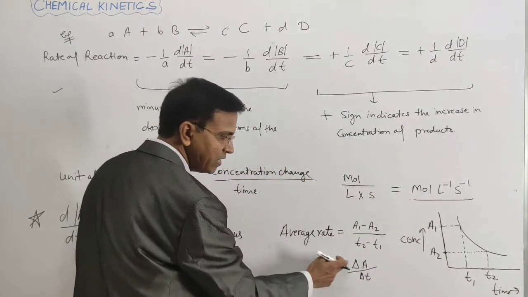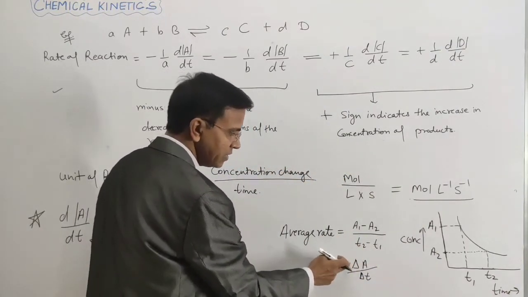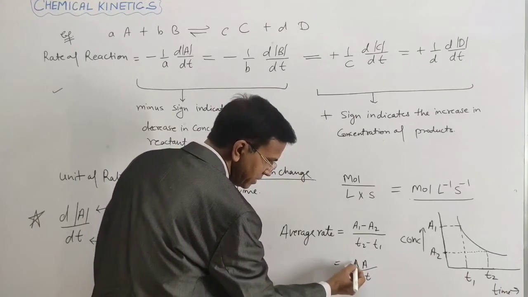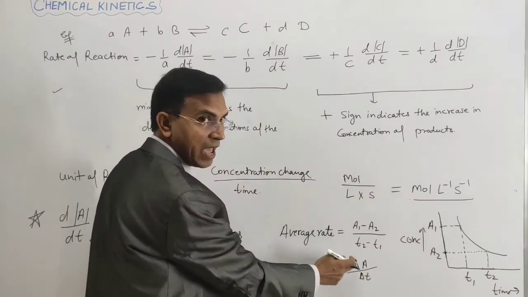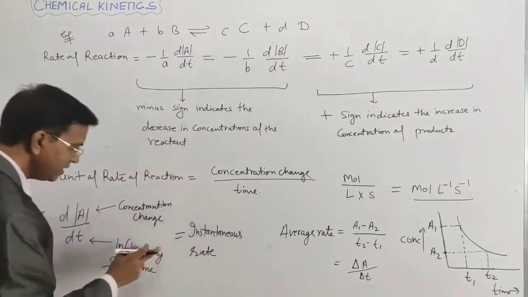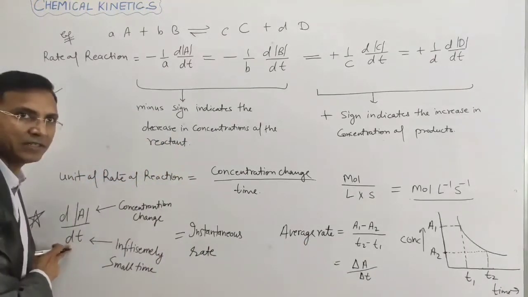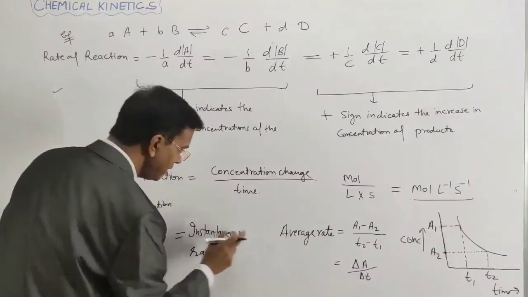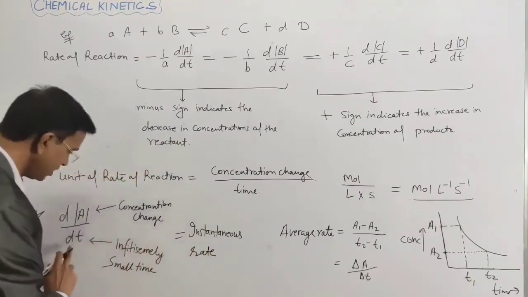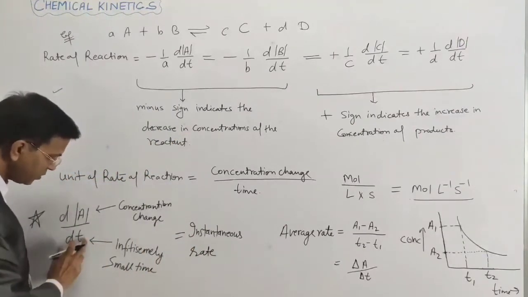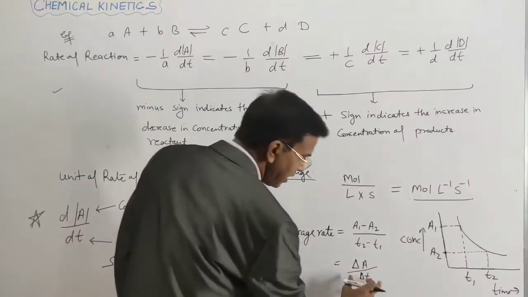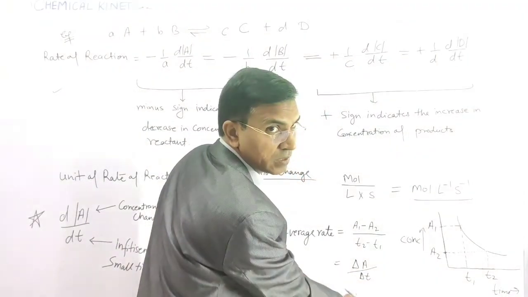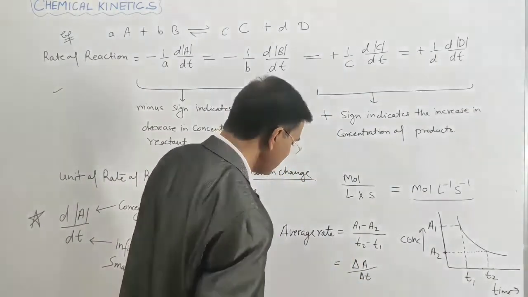This is the average rate, and the other is the instantaneous rate. That is the difference between average rate and instantaneous rate: the instantaneous rate is over a very small span of time, while the average is final minus initial.